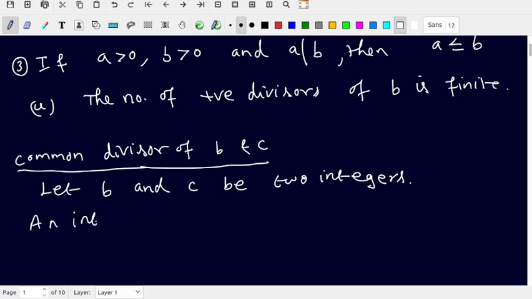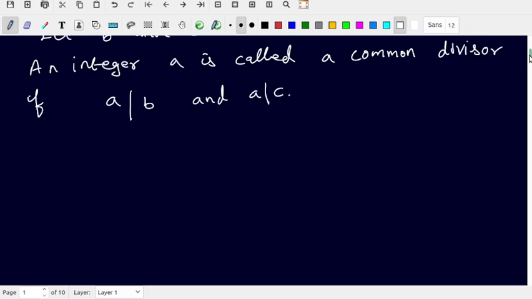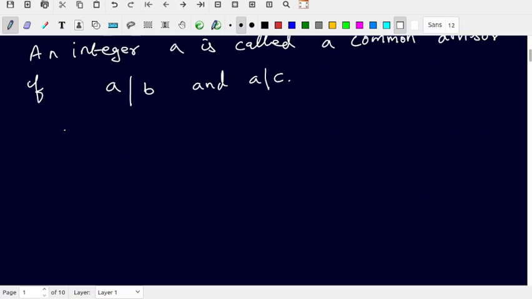An integer A is called a common divisor if A divides B and A divides C. Since there are only finitely many positive divisors, there are only finitely many positive common divisors.